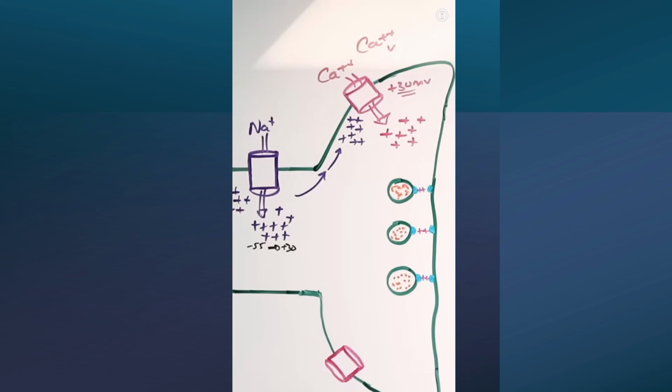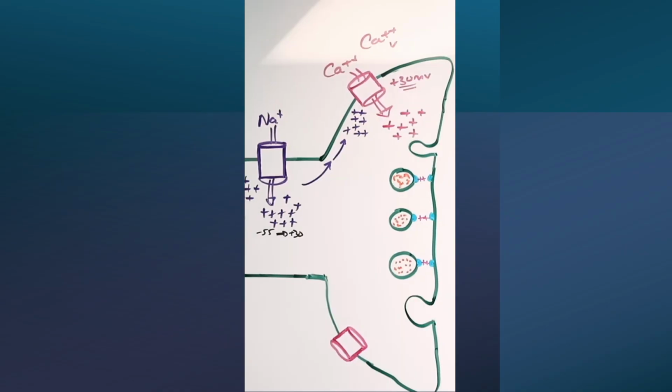So what happens is, once calcium is released, the vesicle of the chemical messenger is bound to the membrane terminal, which then becomes part of the terminal membrane.